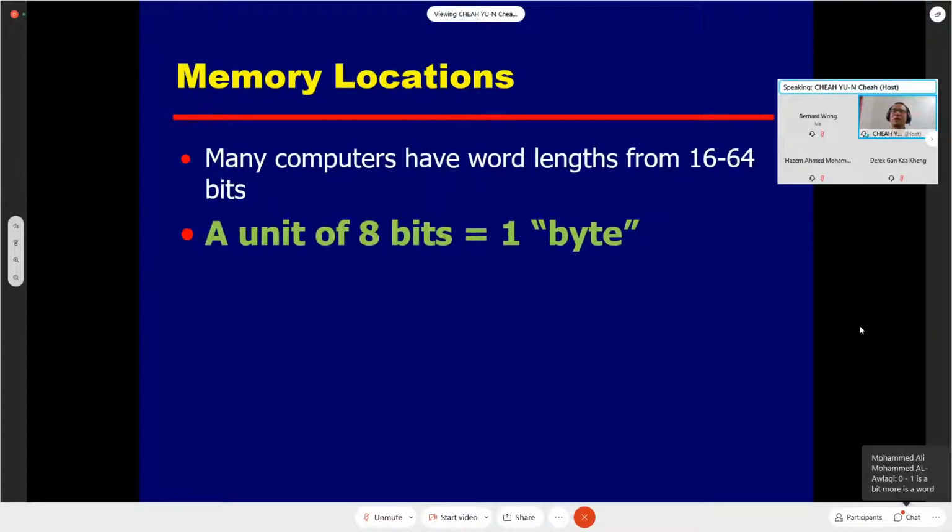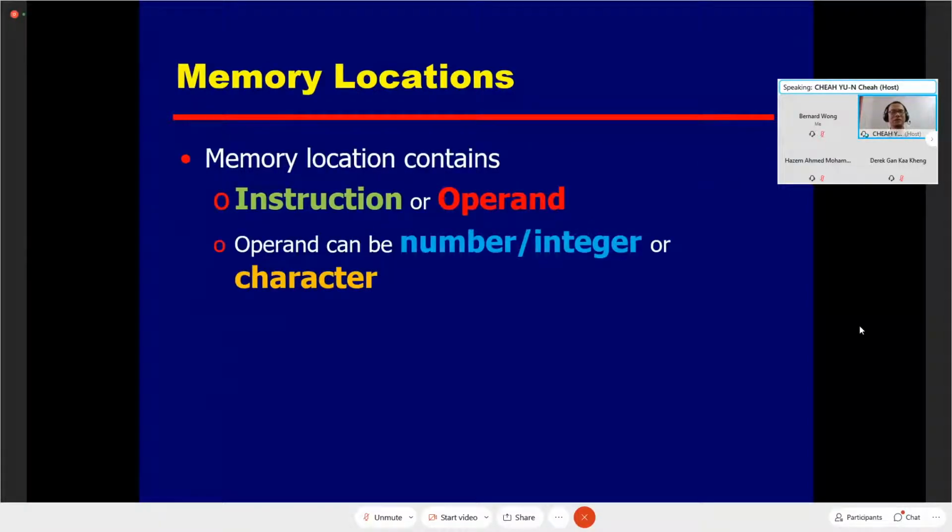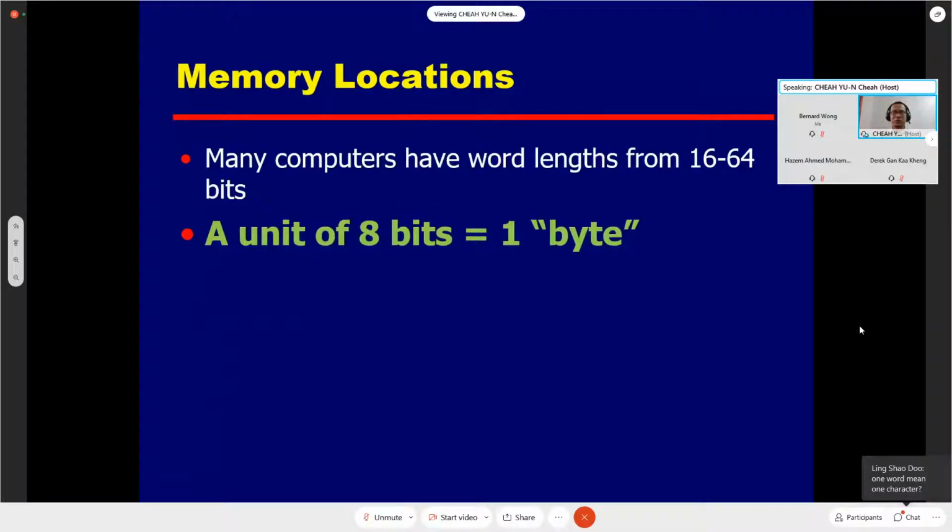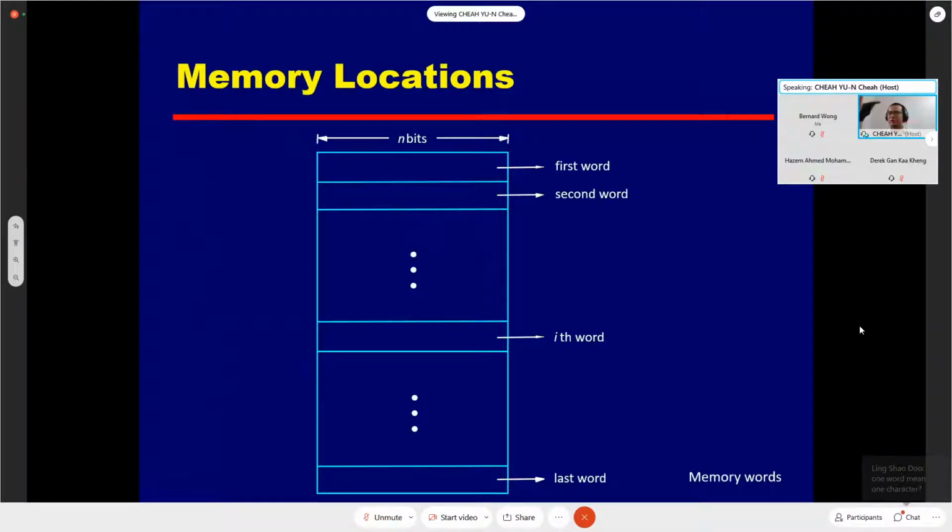Now we go to the byte. One byte is 8 bits. These are the basic stuff. If you have the memory, it has many locations, and each location is the word length.